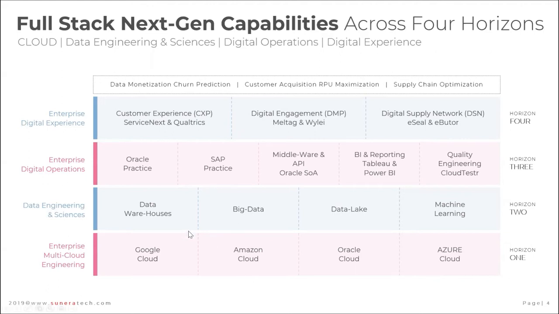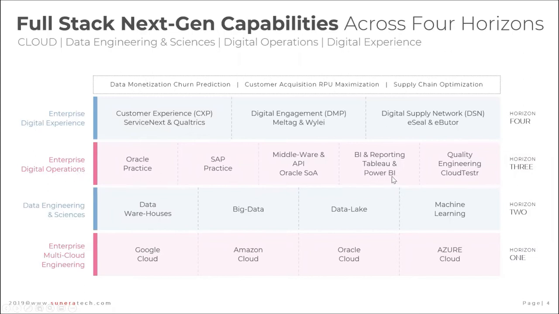But beyond that, once you've got all your data and your applications in cloud, you can now leverage capabilities like data lakes to be able to converge all your data and build on top of it. So that's your horizon 2. So you move from infrastructure to more of a data-driven environment. Beyond that, you're looking at DevOps. That's been a buzzword for the last few years. But when you have your applications in cloud, when you have your data in cloud, when you have the ability to execute quickly, you can call it digital operations or DevOps.